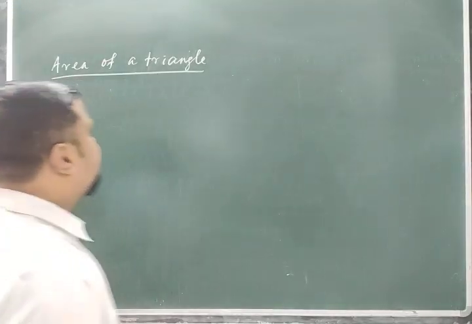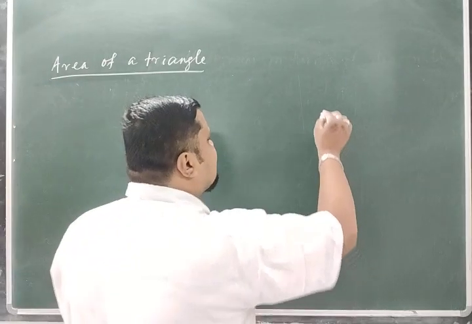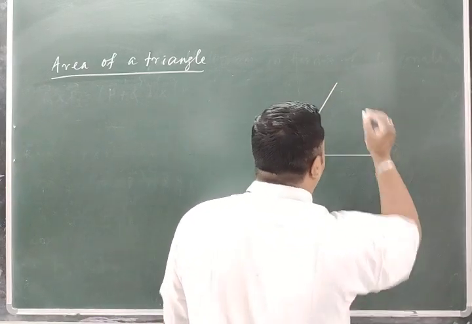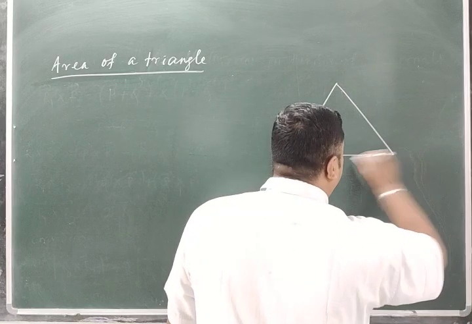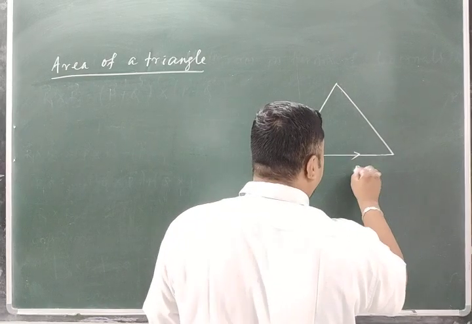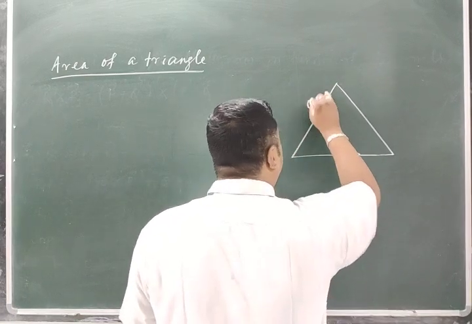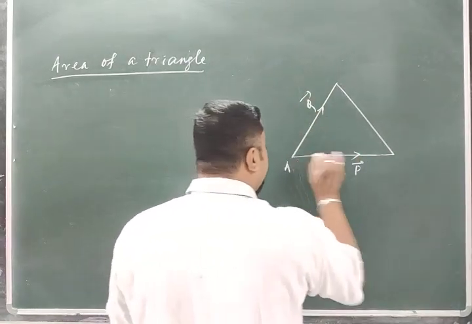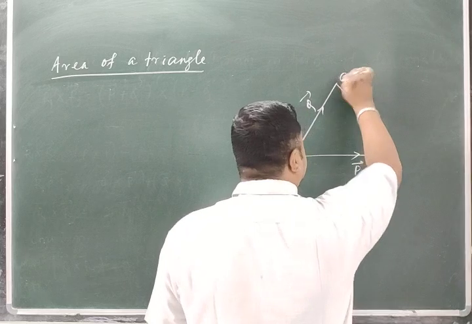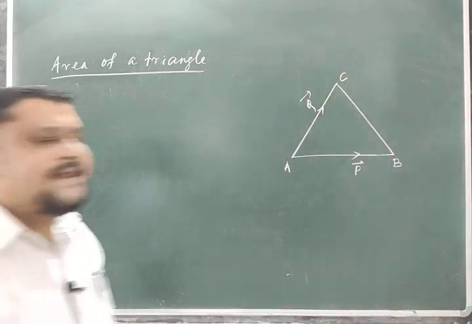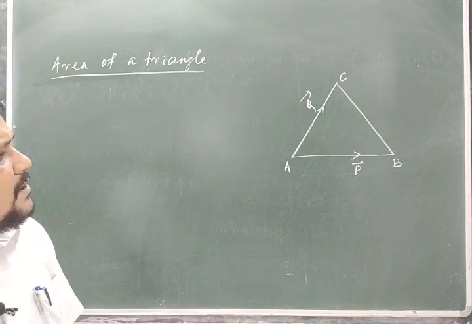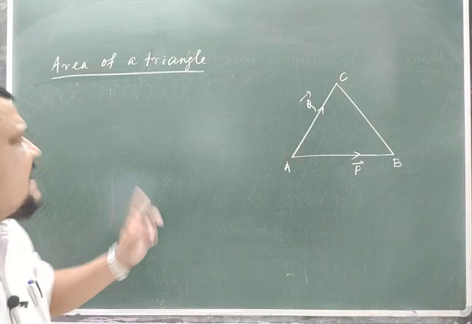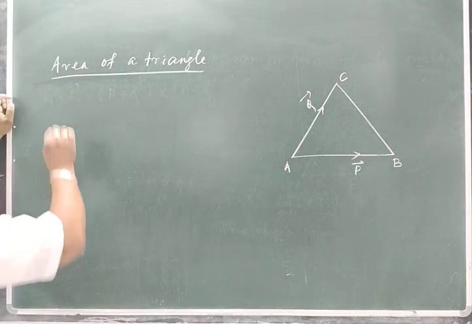To do that, let us represent the two vectors P and Q as the sides of the triangle ABC. Then what is the area of the triangle in terms of the cross product of P and Q? Let me first write what it says, area of the triangle.